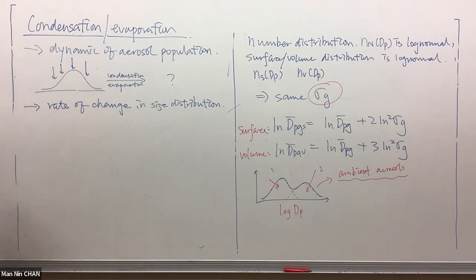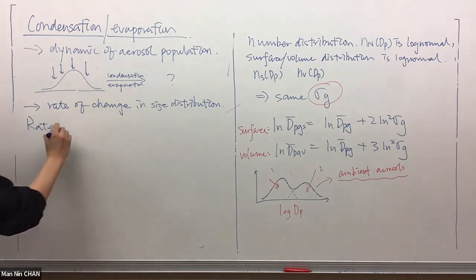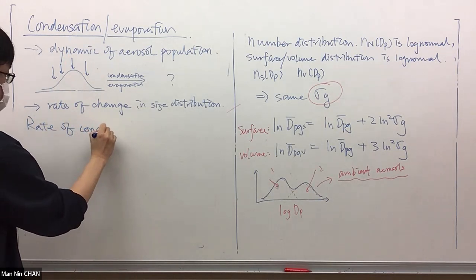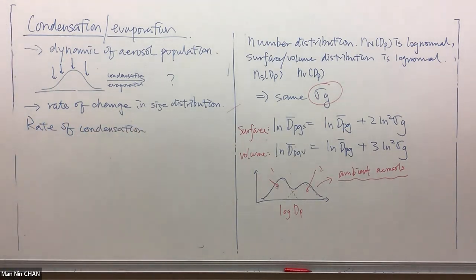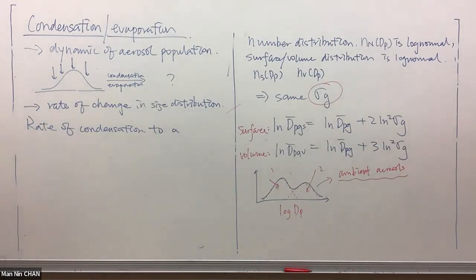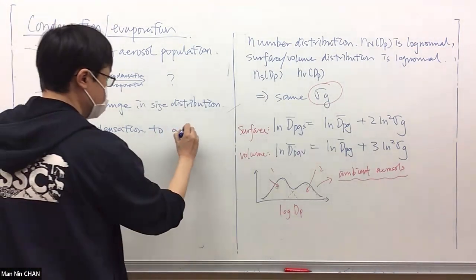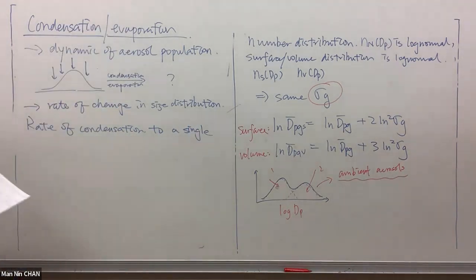Let's look at the rate. We first look at a single particle, and then we're going to talk about the entire population. So let's talk about condensation for a single particle.